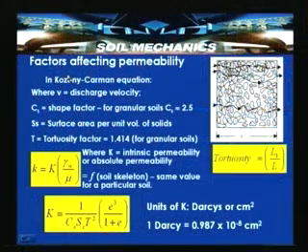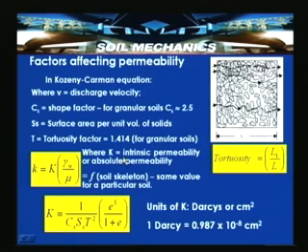So, factors affecting permeability, in the case of the Kozeny-Carman equation. Here the soil is assumed as an assemblage of particles, and the flow can take place in a microscopic way through a tortuous path. This particular path or length of the flow passing through the contact points of the solid grains is called the tortuous path.